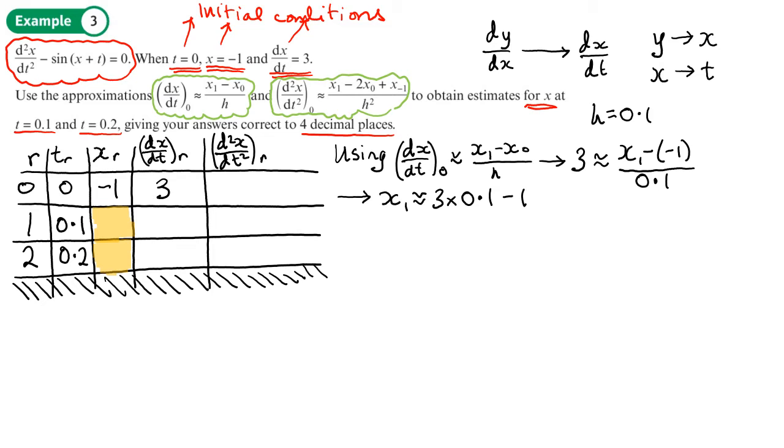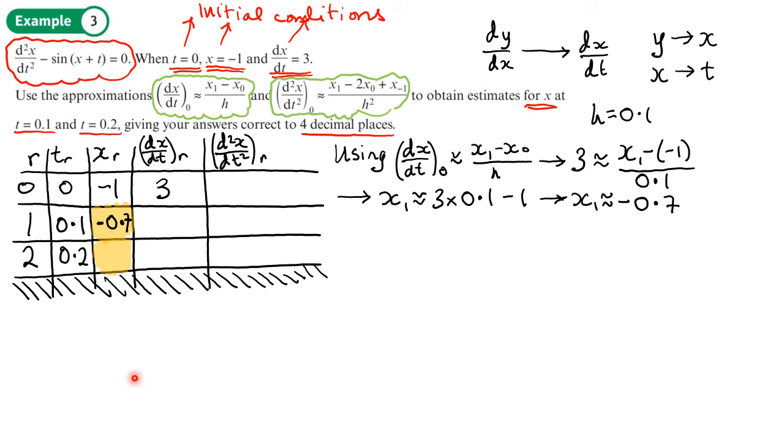So that will give me x1 is approximately -0.7. So let's fill that in the box, -0.7, and what we've got is our first answer. Answer number 1. We now need to work out what goes in the box below.